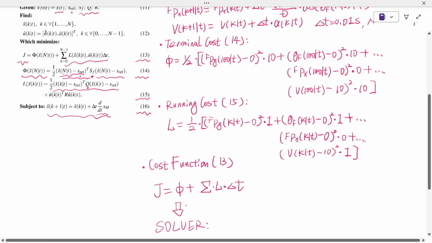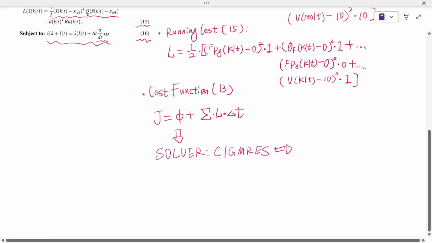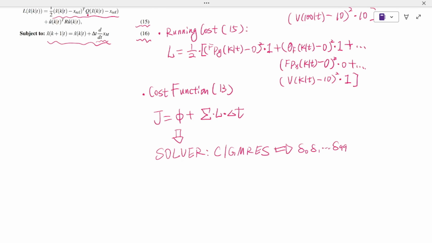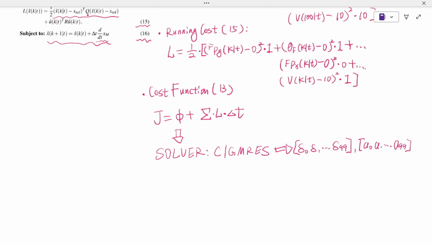In this paper, the solver is C/GMRES. Over these 100 steps, C/GMRES will search for an optimal sequence of steering angles, delta 0, delta 1, up to delta 99, and accelerations A0, A1, up to A99, that minimize J.